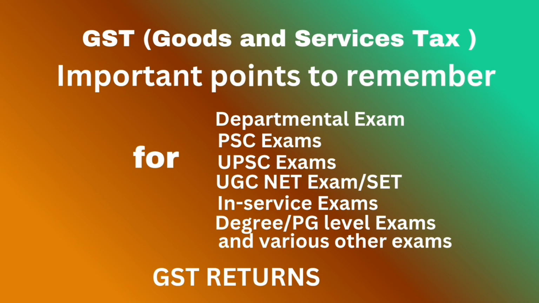GSTR 4 annual return. Details to be furnished: invoice wise inward supplies and consolidated outward supplies. Frequency: yearly. Due date for filing GSTR 4: by 30th day of April following the end of such financial year.